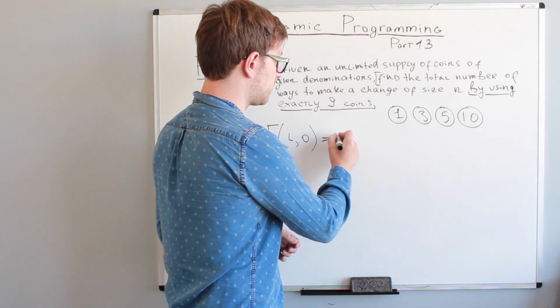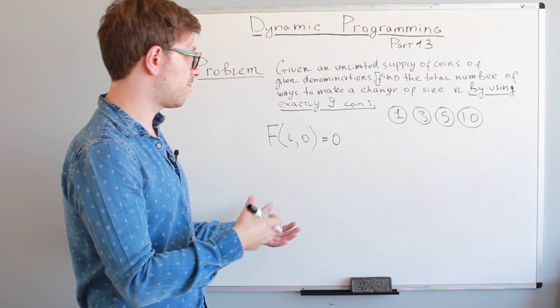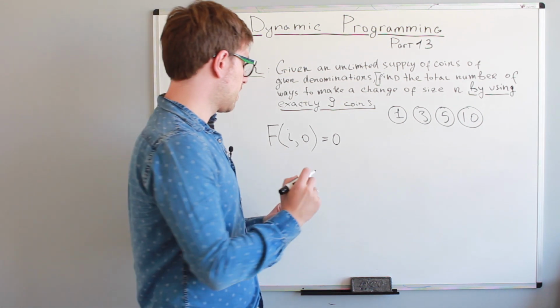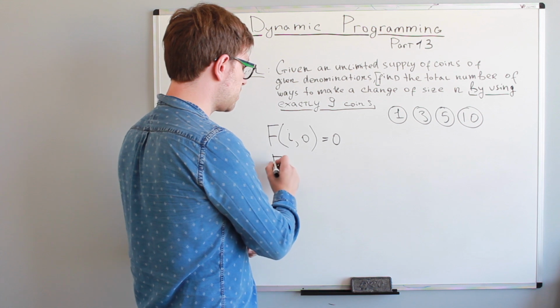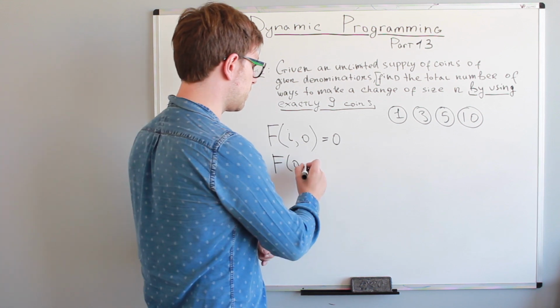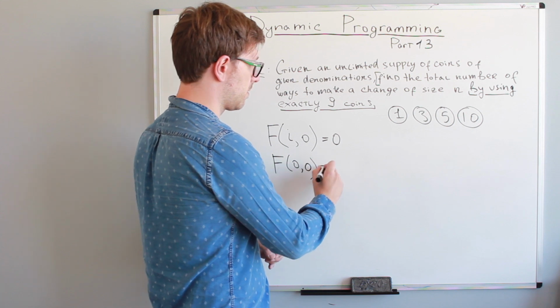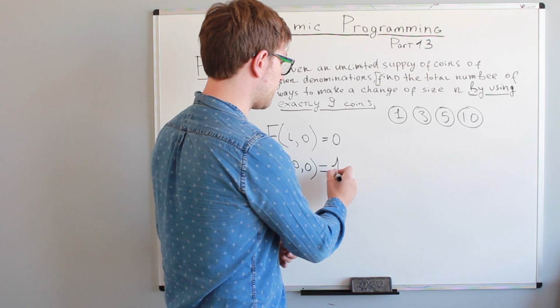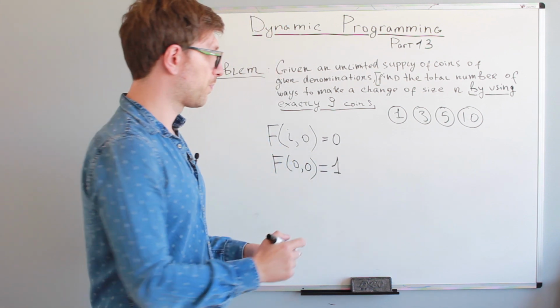There are 0 ways, because you can't make a change of that size, because you don't have any coins at all. How many ways to make a change of size 0 by using exactly 0 coins? If you think about it, there is one way. You're returning an empty set of coins.